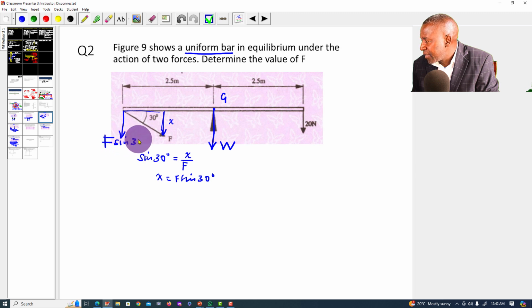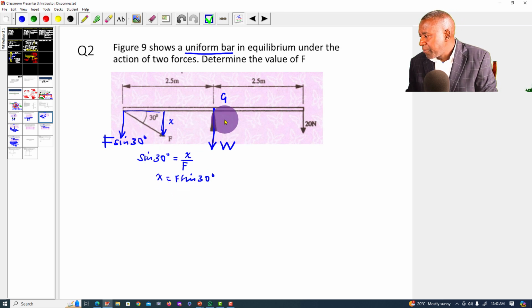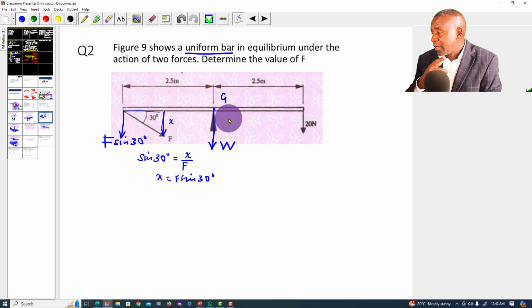I'm going to take moment about this particular point again in order to eliminate the moment due to the weight. I do not need the weight of that object. The weight of the beam might be negligible.